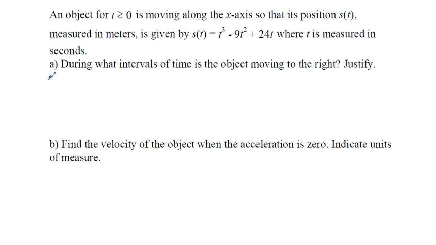Well, to find those intervals when the object is moving to the right, we need to find where or when this object is at rest. And to do that, we're going to find v of t, or velocity, which is equal to s prime of t, or the first derivative of this function here.